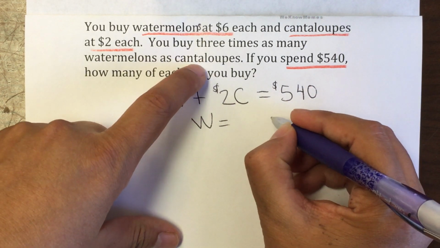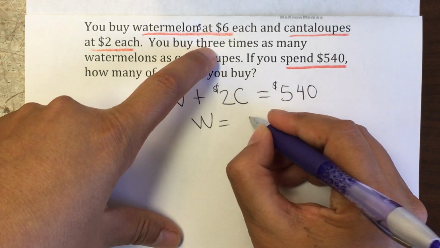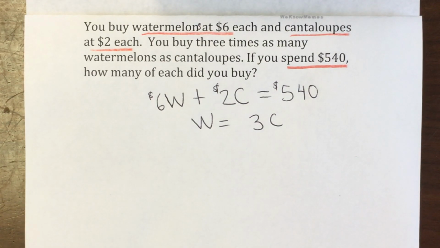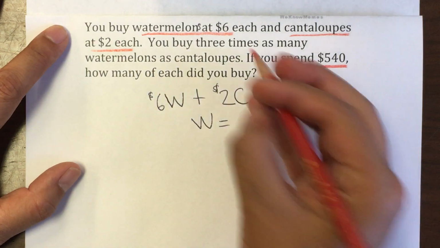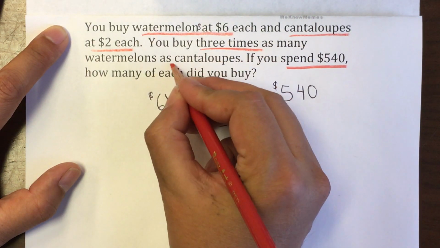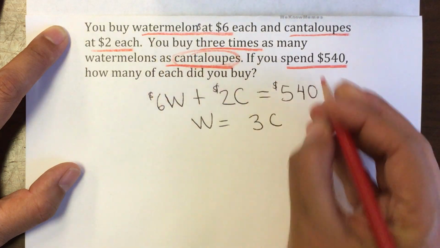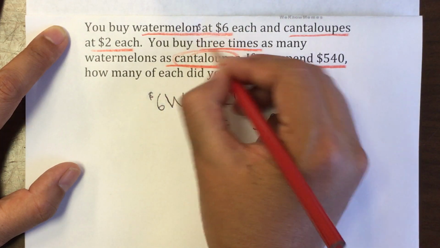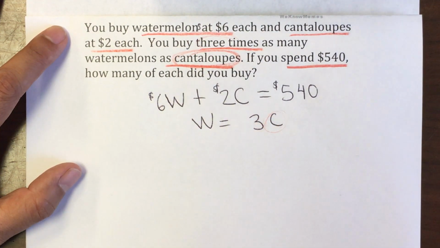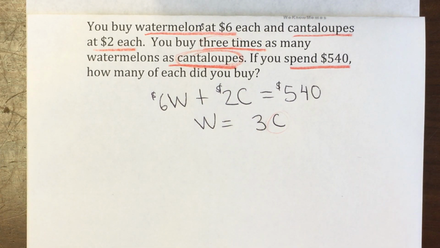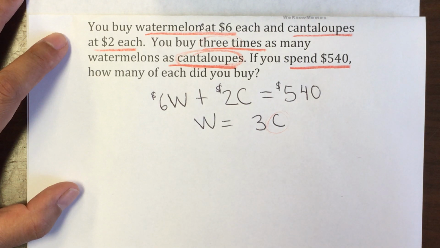So you're comparing with the cantaloupes, that's what you're multiplying by the 3. Remember, wherever you're comparing with, that's what you're doing to those cantaloupes.